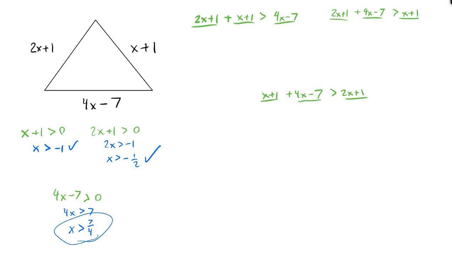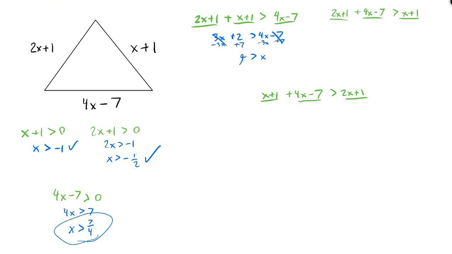Now let's go up top, see what else we got. So we got 3x plus 2 is bigger than 4x minus 7. I'm going to subtract the 3x so I don't have to deal with any negative coefficients. And then I'm going to add the 7 to both sides, okay? So that's x is less than 9. Now notice I could have done this without avoiding the negative coefficients.